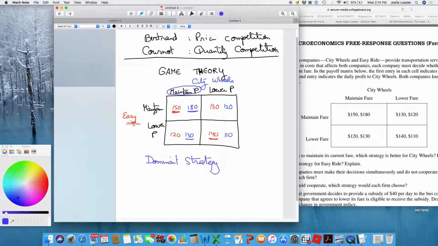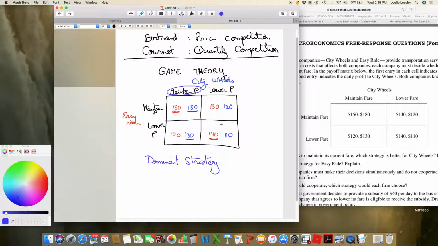Easy Ride does not have a dominant strategy, because it pays for them to maintain price if City Wheels maintains price, but it pays for them to lower price if City Wheels lowers price. So their strategy changes depending on what City Wheels is planning to do. But City Wheels' strategy is to always maintain price regardless of whether Easy Ride maintains or lowers the price.